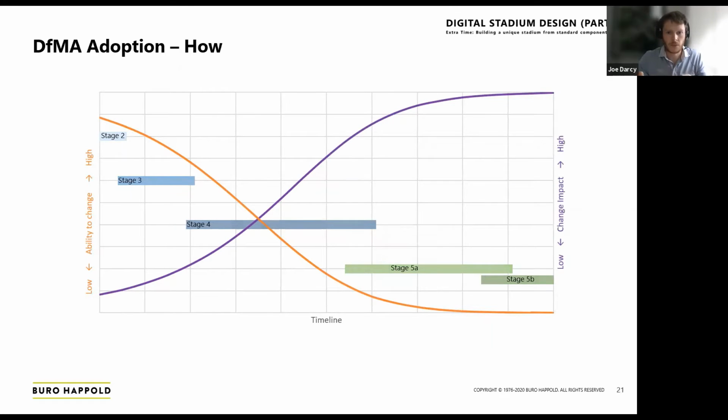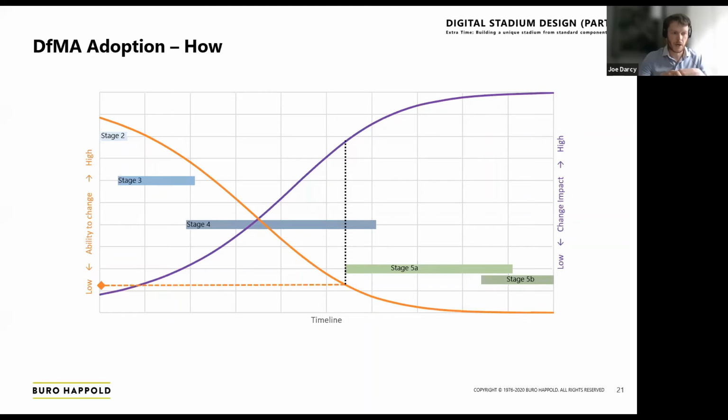What I have on screen here are 2 S-curves. One, in orange, represents the ability to influence or change the design. The other, in purple, is the impact of that change, whether that's on the project and the design, the cost, or the program.